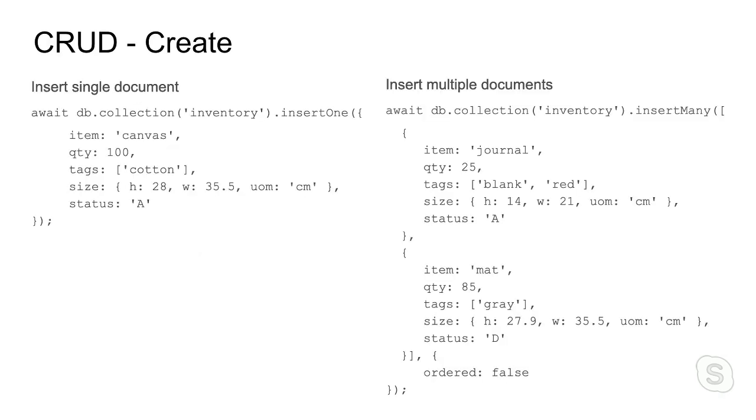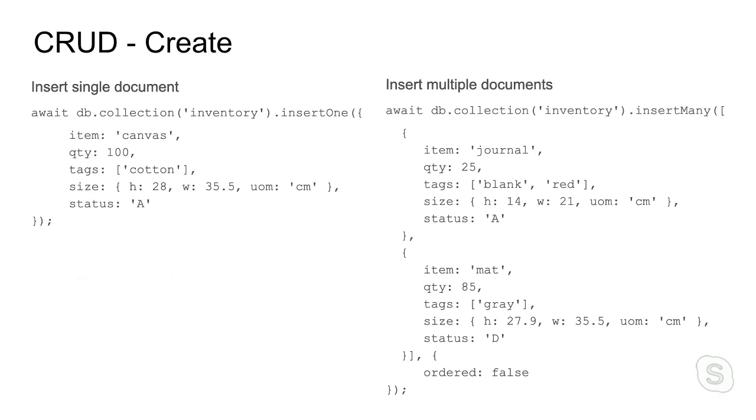Okay, now we will move to the create part. It's really simple. If you want to insert a single document, db is the instance of the connection to the database. You're saying to this database, I want to use the collection called inventory and insert one document, and you pass the document as a parameter to the function, which is just JSON.